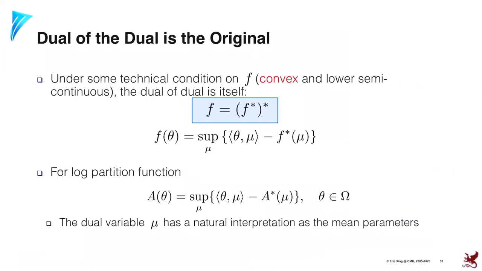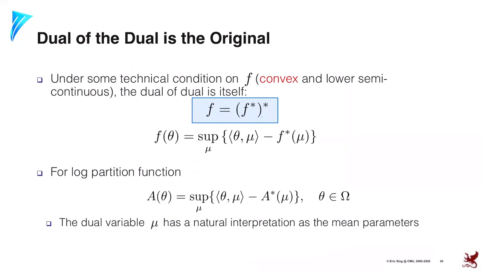Also we should note that the dual of a dual is itself if f is convex and lower semi-continuous. So we should remember this formula: the dual of the dual is itself.